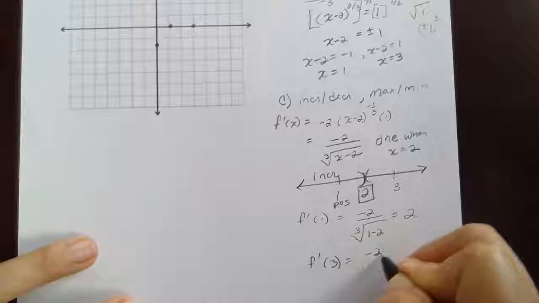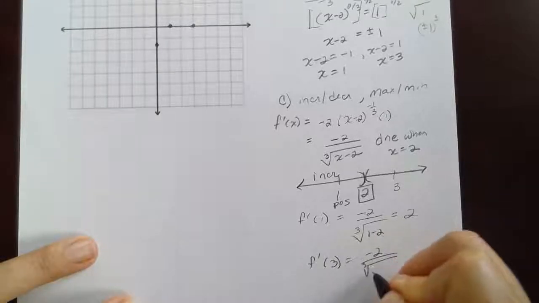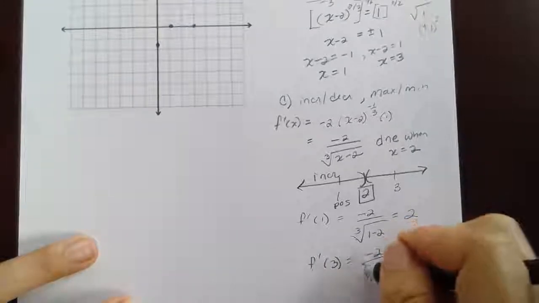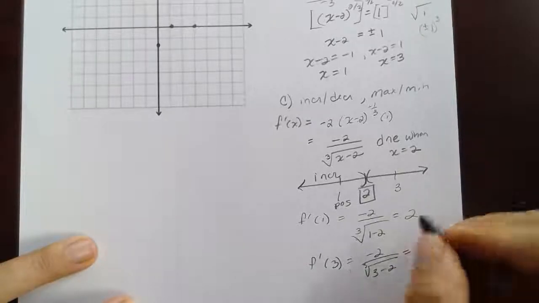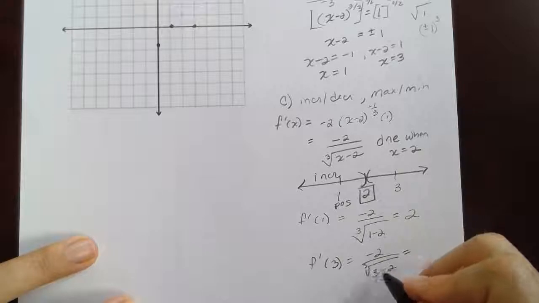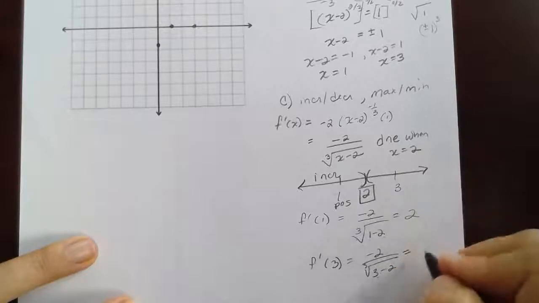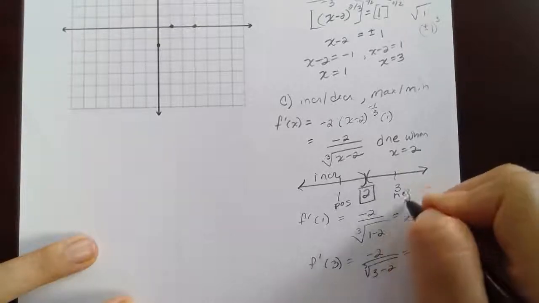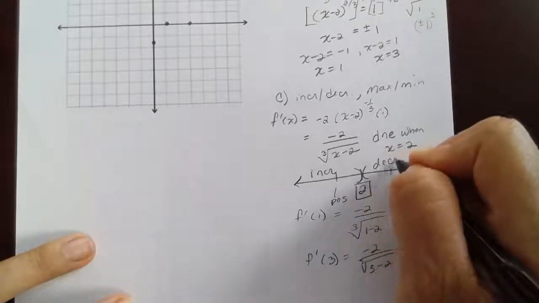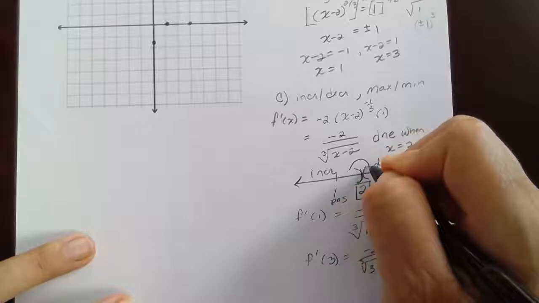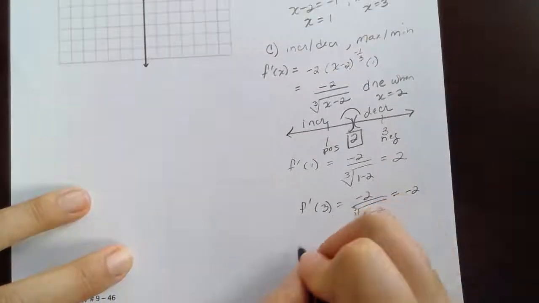If we use a 3, 3 minus 2 is 1. Cube root of 1 is 1. Negative 2 divided by 1 is negative 2. So we're negative on the right, which means we are decreasing. Which means we went from increasing to decreasing, so we have a local max at 2.